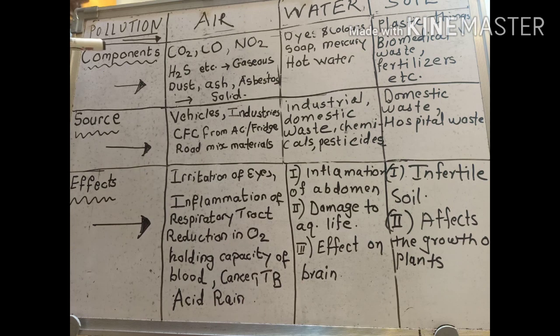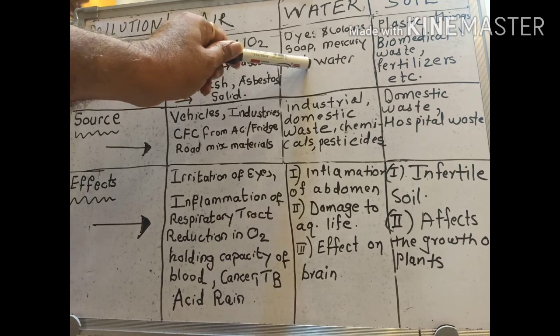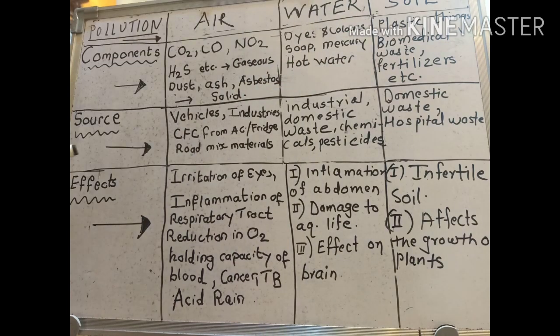So let's have a look at their components. Components means what are the pollutants that cause air pollution, water pollution, and soil pollution. Then we will look at the source and the effects. So we'll begin with air. We'll take up air pollution.